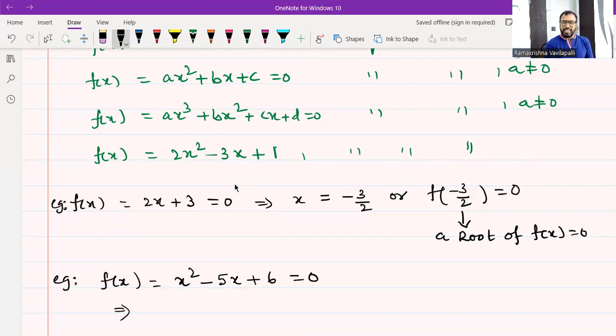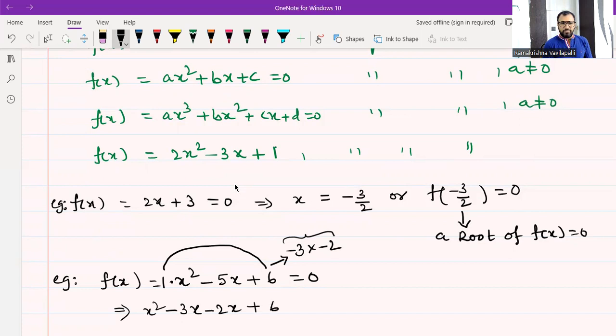This 6 I can write as minus 3 into minus 2. Of course, the product is 6, and the sum is minus 5. So, x squared, this is minus 3x minus 2x, whatever numbers I have taken here, plus 6 equal to 0.